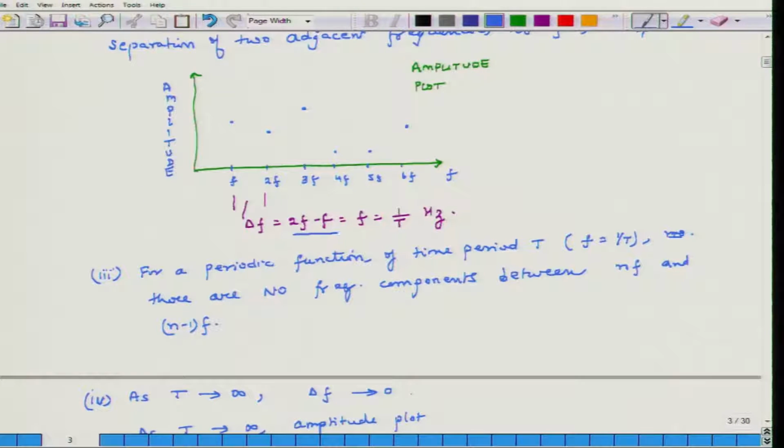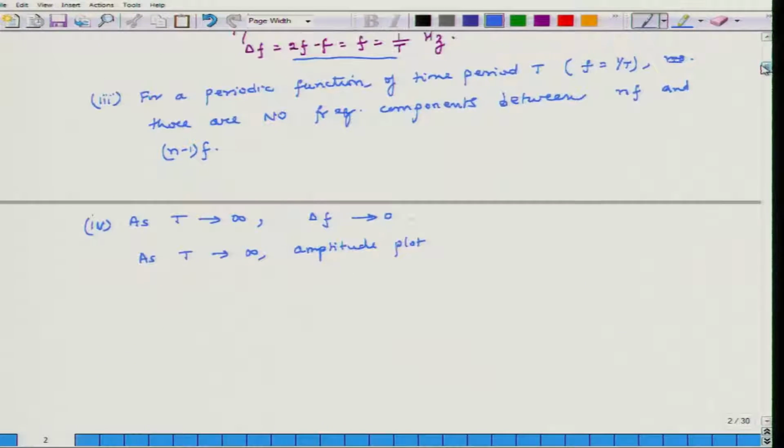Delta f is this thing, 2f minus f is delta f, 3f minus f is delta f, right. So, it is f, and that equals 1 over T hertz. So, as the time period approaches infinity, 1 over T approaches 0. So, these points become extremely close, and when the time period becomes infinite, the separation between them is theoretically 0.